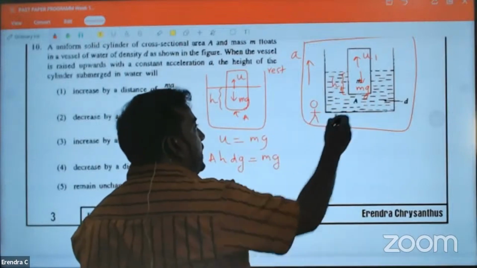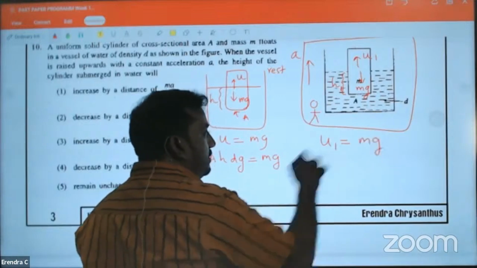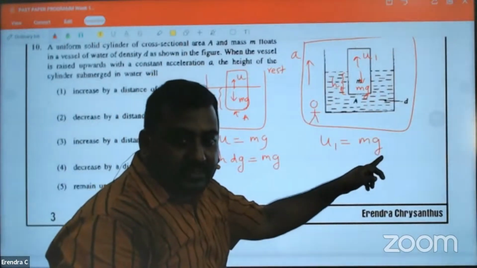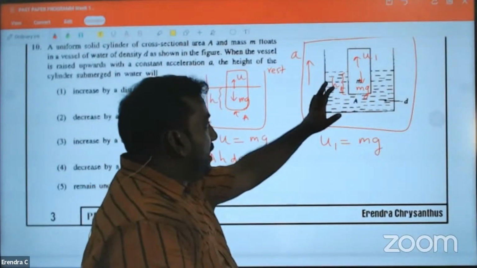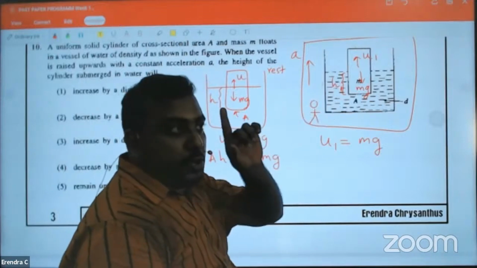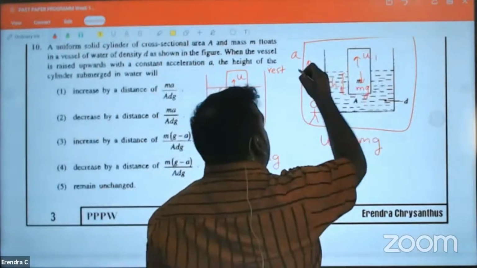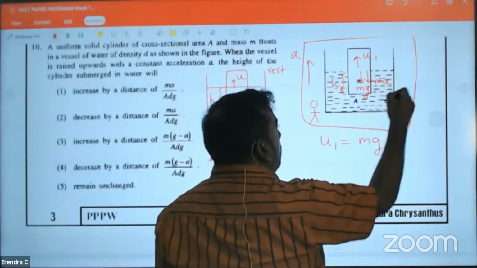Sum of forces upward balances sum of forces downward. But is this all the force? No. When you are inside the lift, you will experience a pseudo force also. When this is accelerating upwards, there will be a pseudo force downwards.